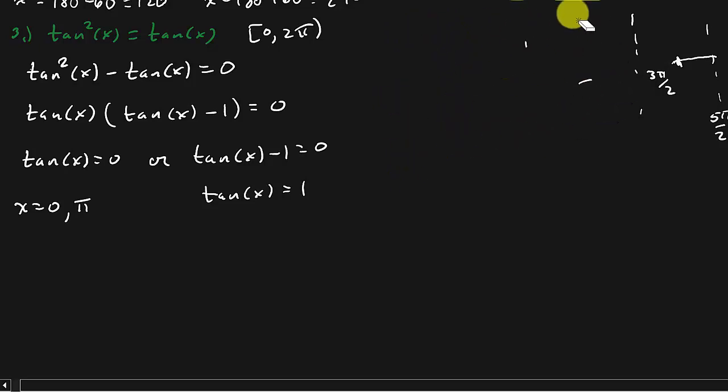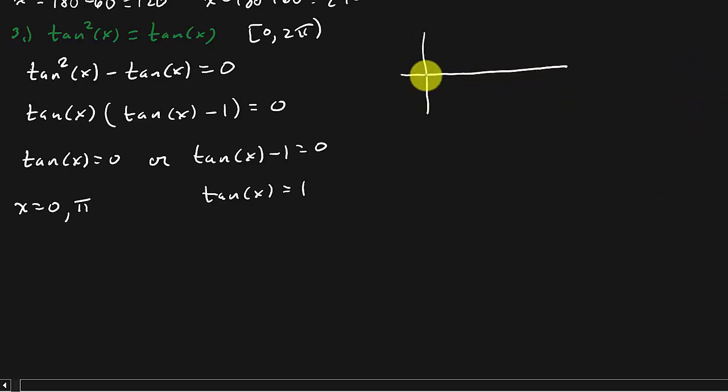But I think a way that would be easier to do that, to figure out where tangent is 0, is if we look at this. Okay, this is the graph of sine, right?